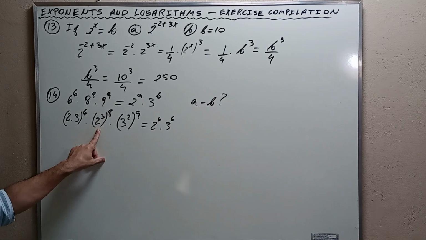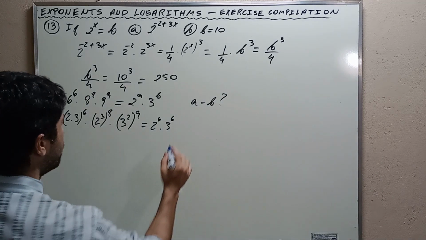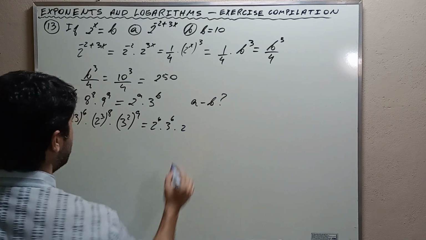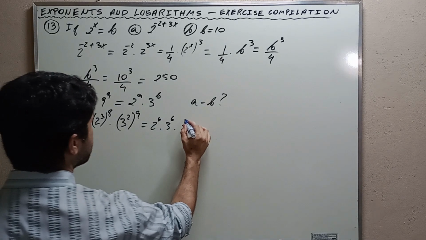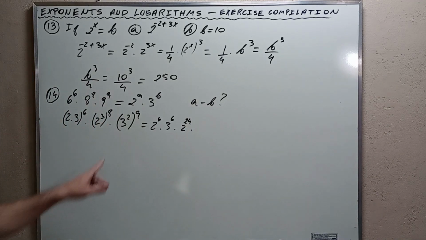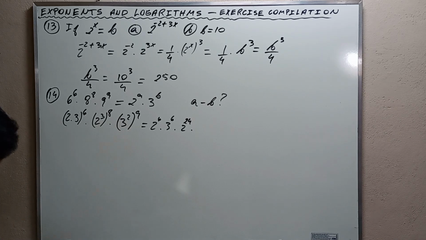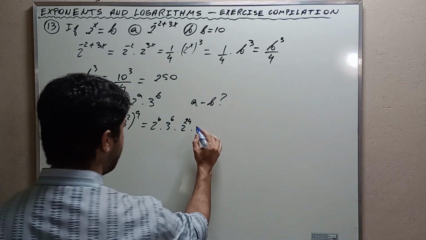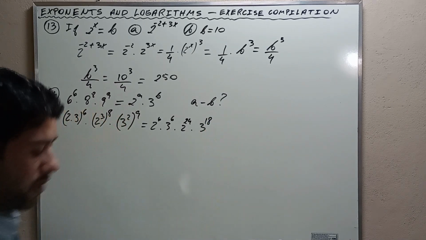And how about this? What can we do here? Observe that it is multiplication, 3 times 8. 3 times 8 is 24. And how about here? 2 times 9 is 18. 2 raised to the power of 24, 3 raised to the power of 18.